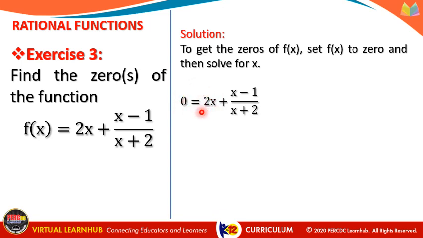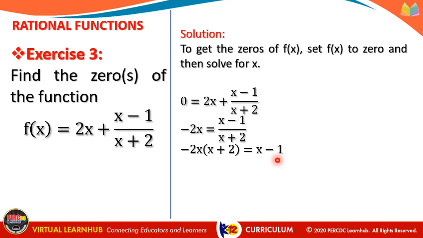So kapag yung 2x transpose natin sa left side, of course, magiging negative 2x na siya. And then from here, let us cross multiply. We will get this, negative 2x times quantity x plus 2, that is equal to x minus 1.